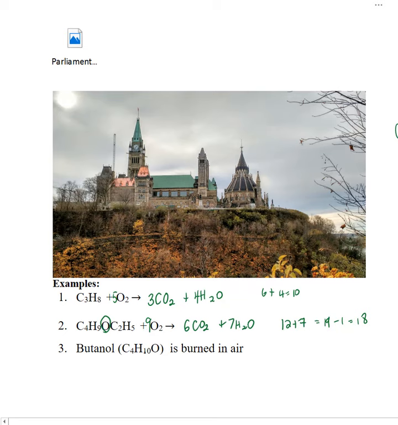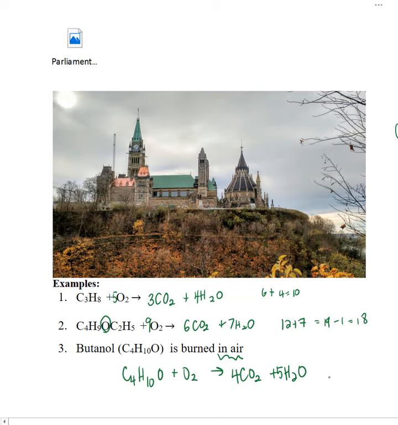My last one here, butanol, is burned in air. So like I said earlier, burning butanol in air is reacting it with oxygen. Because it's a carbon-containing compound, I'm going to produce CO2 and H2O upon combustion. I have 4 carbons, 10 hydrogens, for a 5 here.